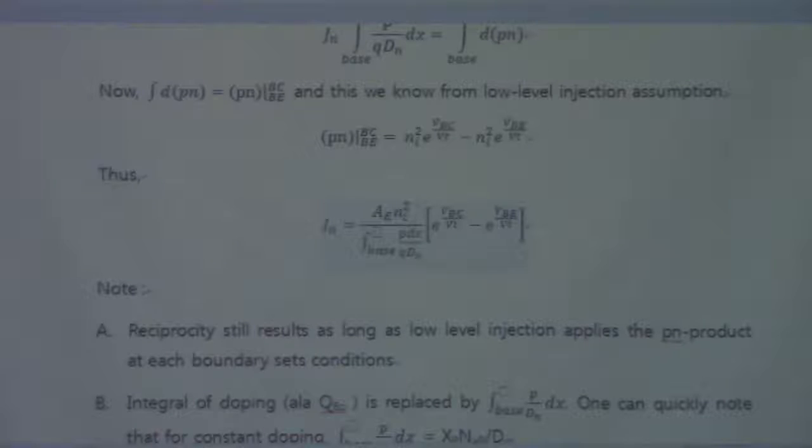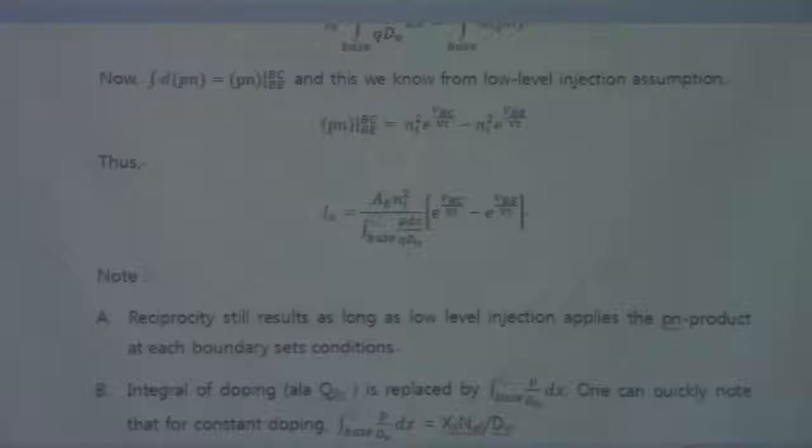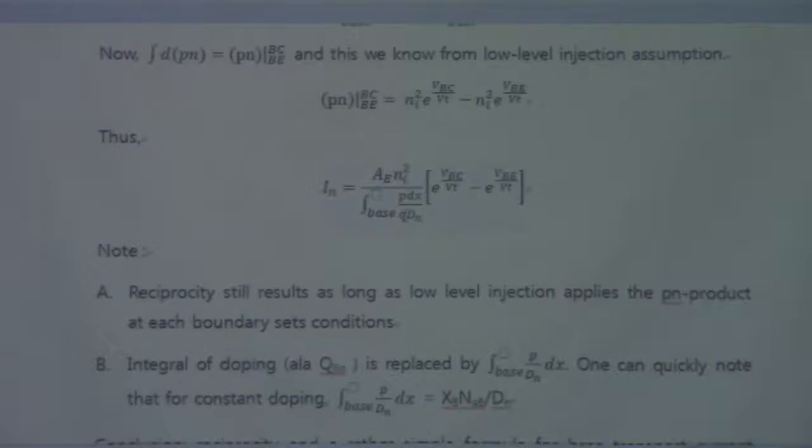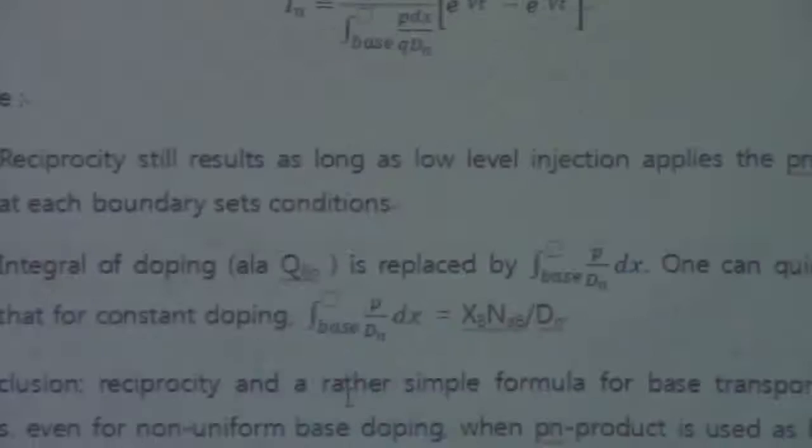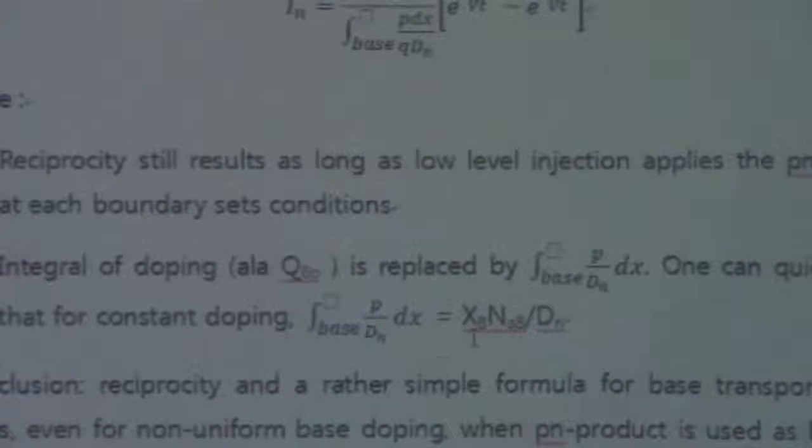Here the numerator in this equation corresponds to the total base doping, the total amount of dopant in the base, and that is called the Gummel number.